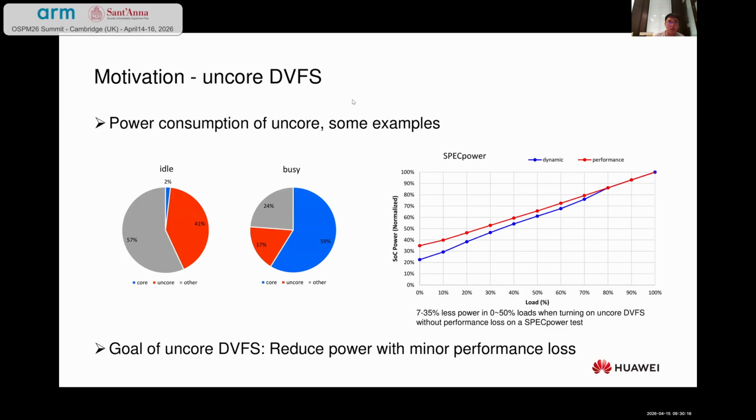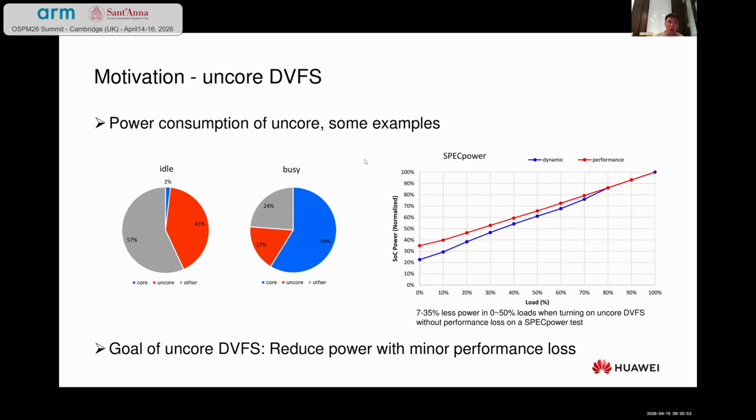The second question is why do we need uncore DVFS? Let's see some examples of the power consumption of uncore. This is example data from our chips. On the left, there are two pie charts showing the proportions of power consumption of three main parts of the chip, in two states: one fully idle, the other fully busy.